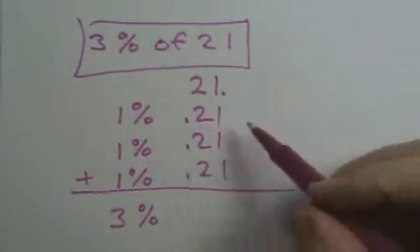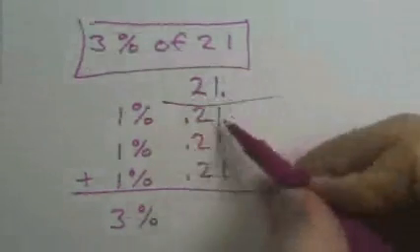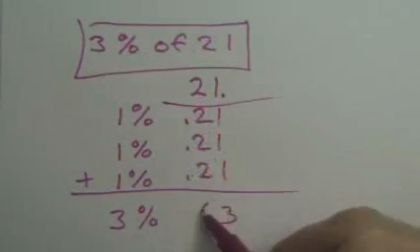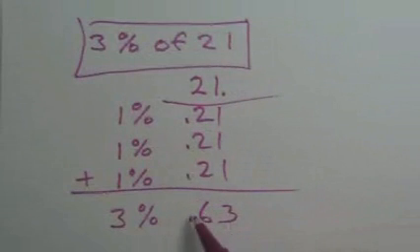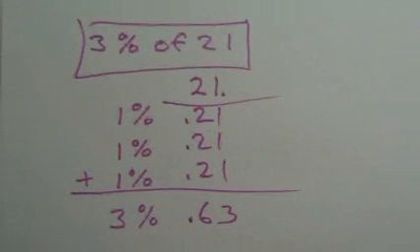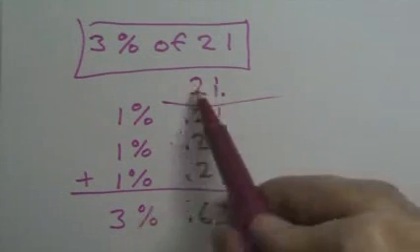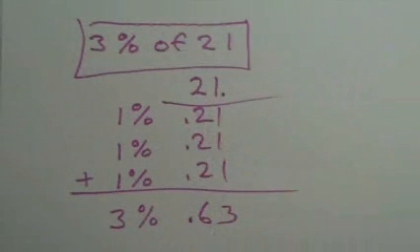Just add that up. That's 0.63. Okay, so 3% of 21 is 0.63. That's like saying 3% of $21 is 63 cents.